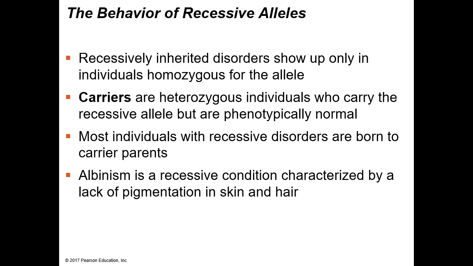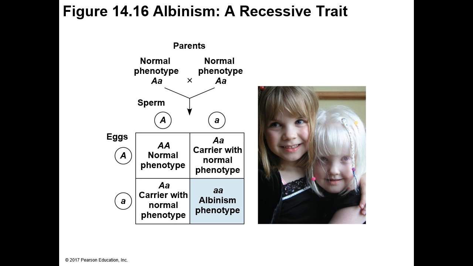Albinism is a recessive condition characterized by a lack of pigmentation in skin and hair. So here we're going to follow a cross between two parents. And on the right, we can see a child with albinism, a condition where the skin cells are unable to create melanin, which gives color to your skin.